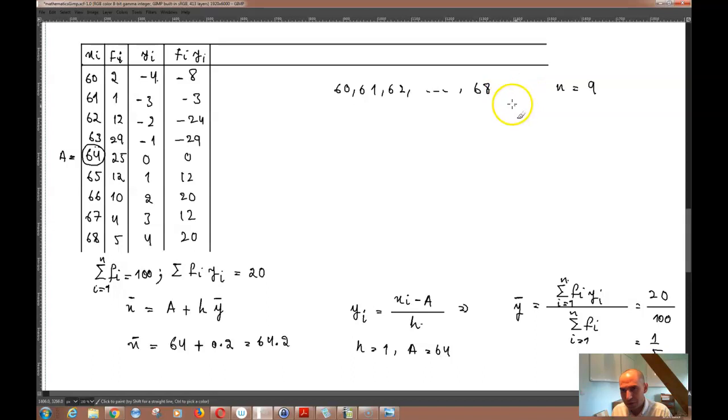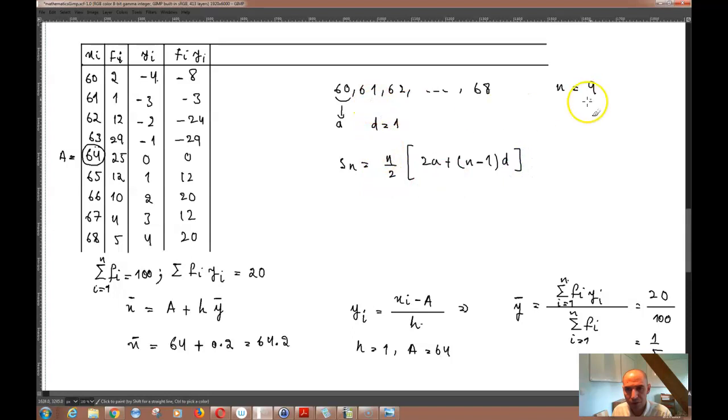So the number is 9, and if you take this as your a, and if you take your d as 1, the common difference as 1, then S of 9. Let me write the formula for you. The formula for an arithmetic progression is S of n is equal to n divided by 2 times 2a plus n minus 1 times d.